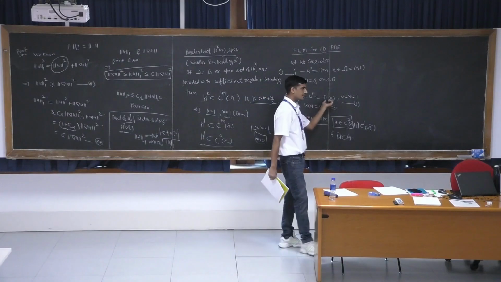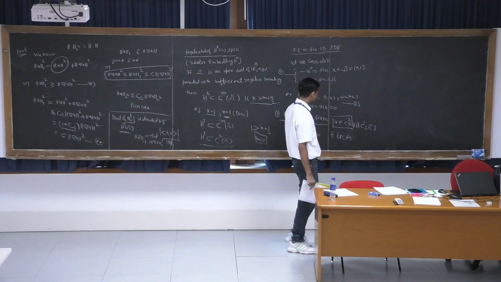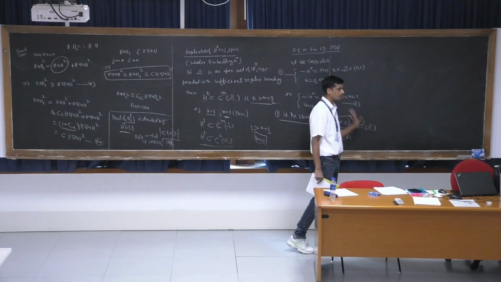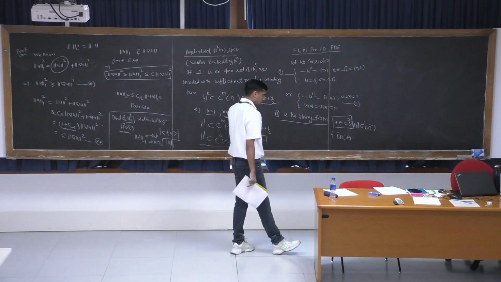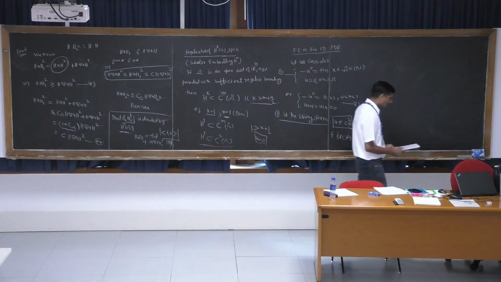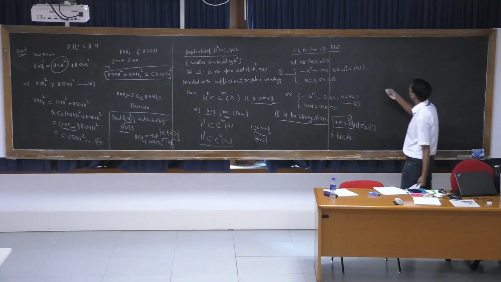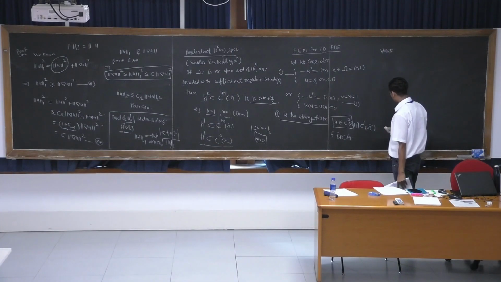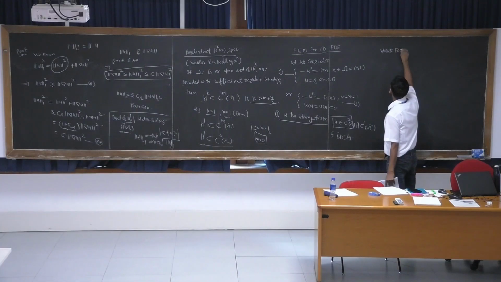In that case u belongs to C^2, it should be continuous and differentiable due to the continuity of this f. Okay, so now what is the weak form? The first step in the finite element method is the weak formulation.